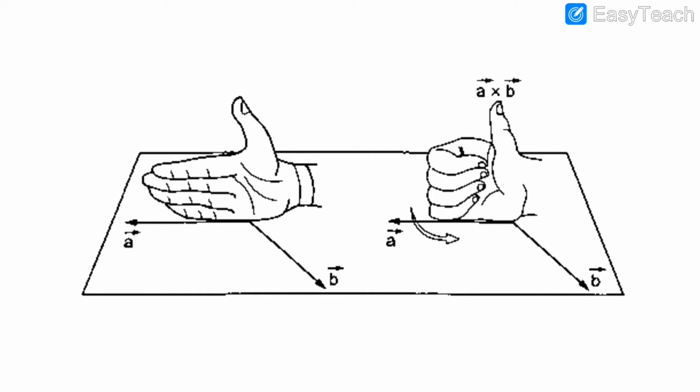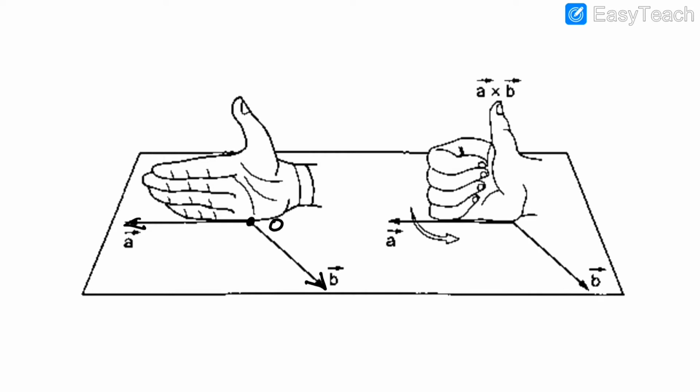How to do it? Suppose two vectors are drawn, A vector, any general vector, and B vector, another vector. These are drawn in the configuration where their tails are meeting. After translation of the two vectors, we have brought them into such a position that they meet at some point O. We have already learned this during addition and subtraction of vectors, how to translate and bring them into the same tail configuration.